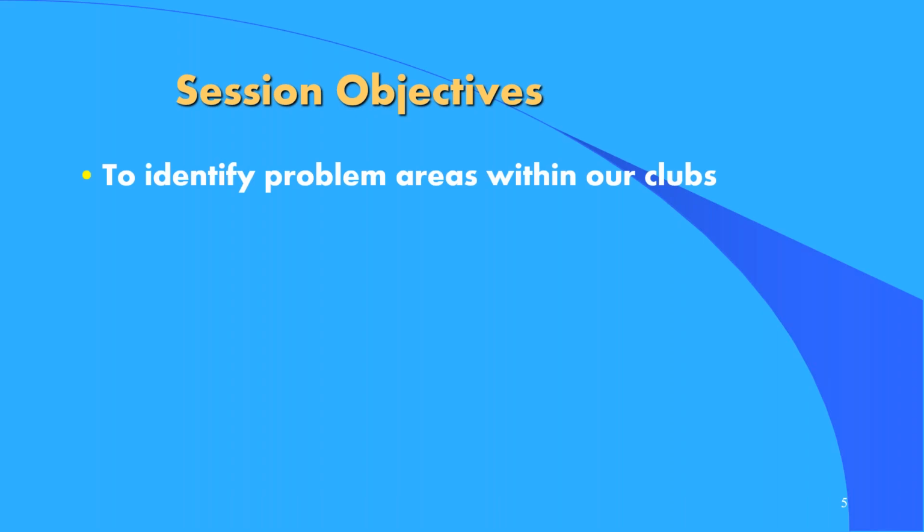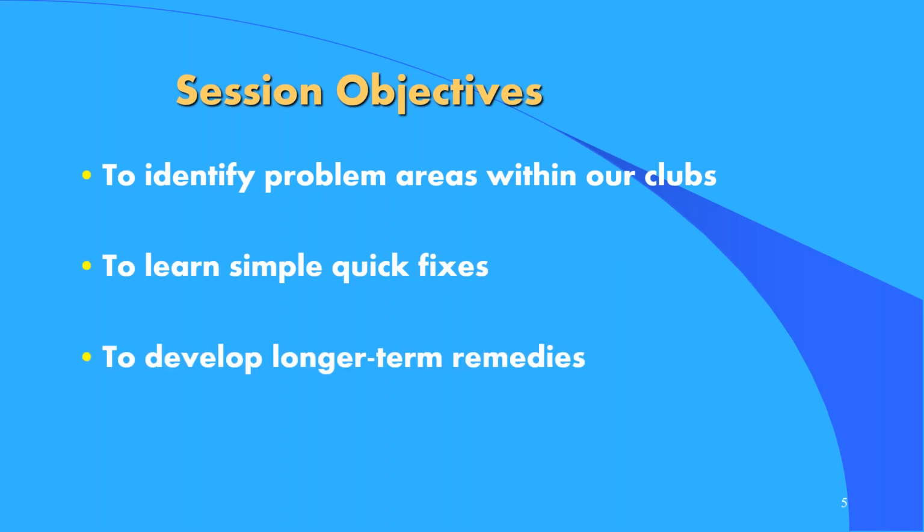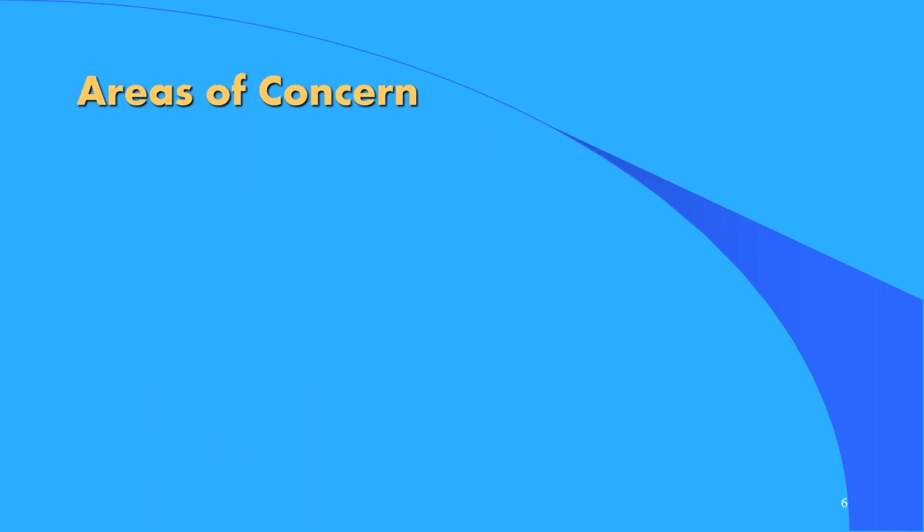Now, as with every session, we have objectives, and these are ours for this evening: to identify the problem areas within the club, to learn simple quick fixes, develop longer-term remedies, and to identify the resources that we're going to need. We'll start with the club operations and areas of concern.